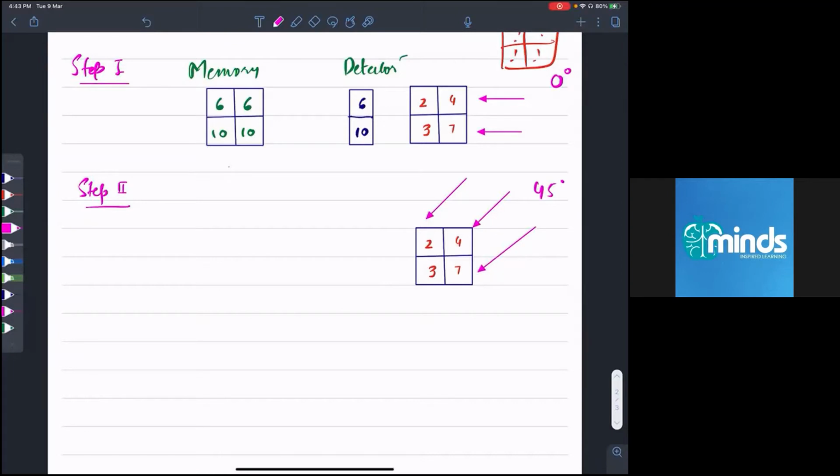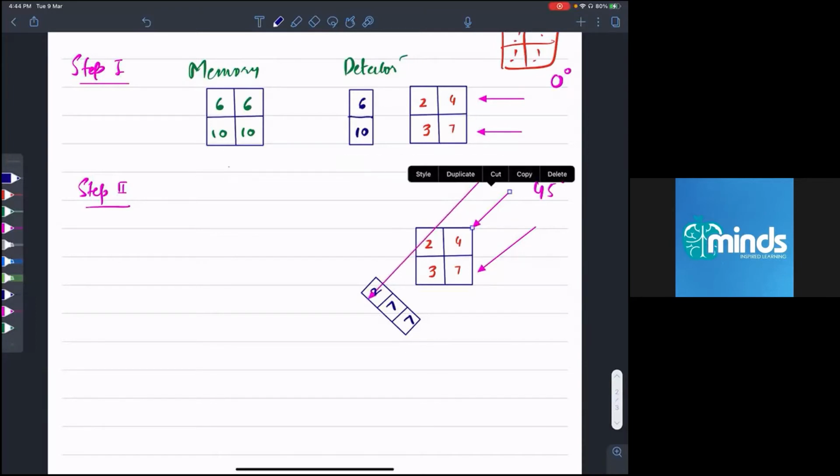So if we do so, detector will be here now. And this detector will detect 3 numbers now: 2, 7, 7. Are you getting it? Just visualize. This arrow is going like this.